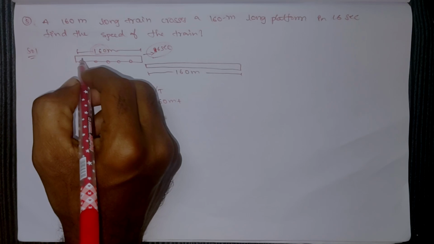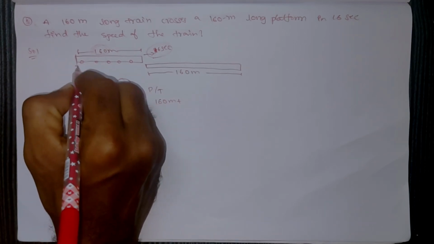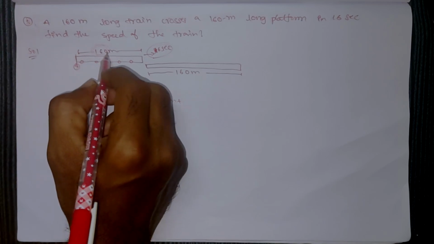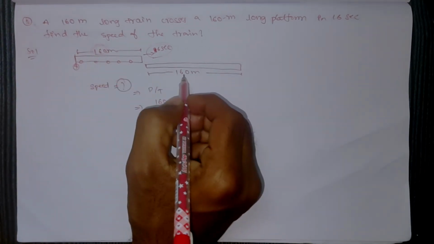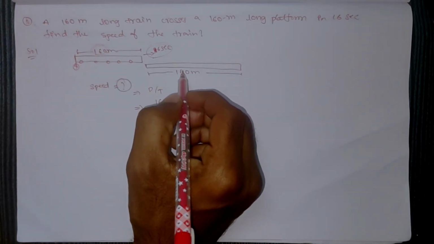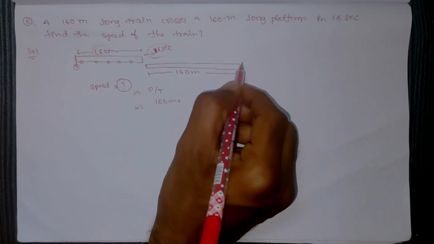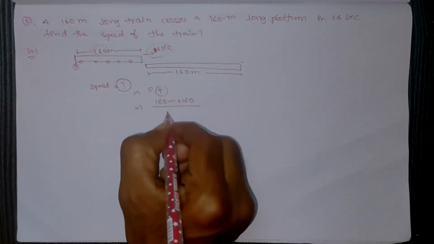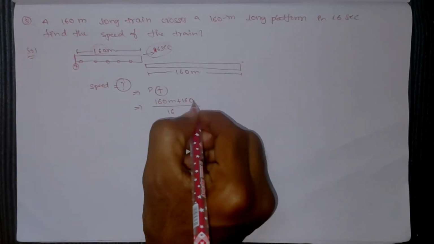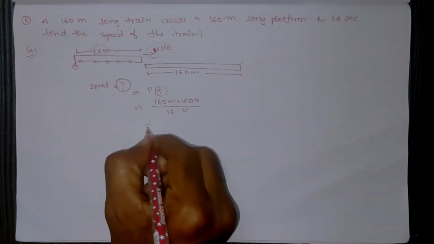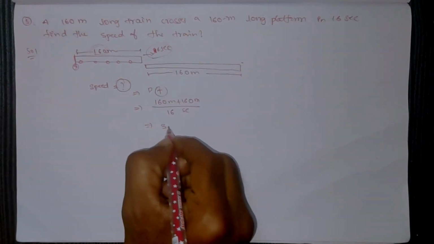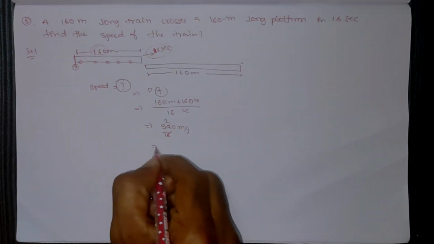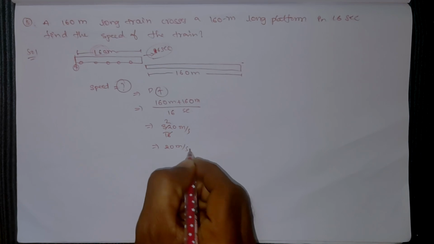As we have seen in our previous question, if we mark this point as x, this x point needs to travel this 160 meters of train distance and 160 meters of platform distance, then only will we consider this train as having completely crossed this platform, and the time taken is 16 seconds. So it becomes 20 meters per second.